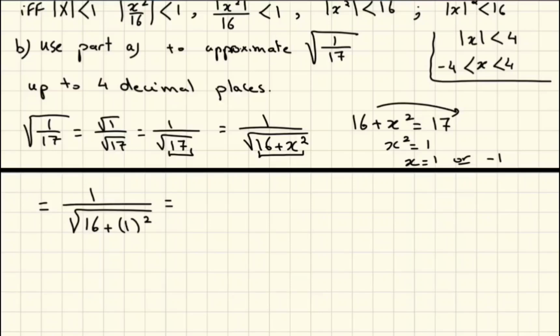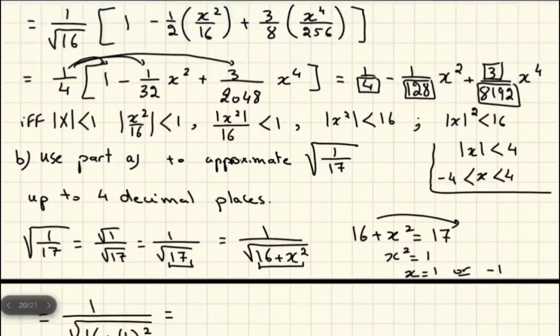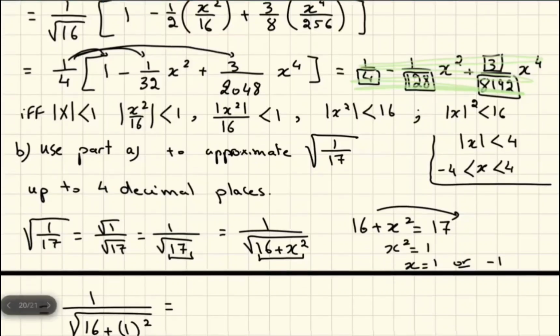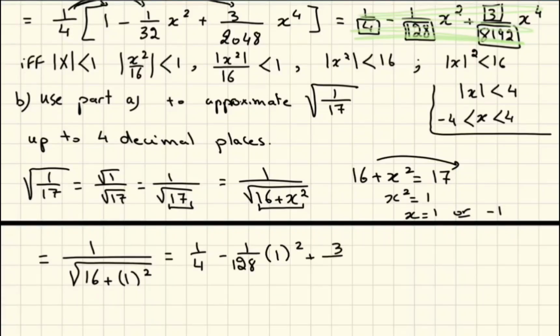It means 1 over radical 16 plus 1 squared is the same as the expansion we got here, and we replace x by 1. So this is what I will write: 1 over 4 minus 1 over 128 times 1 squared, plus 3 over 8192 multiplied by 1 exponent 4.